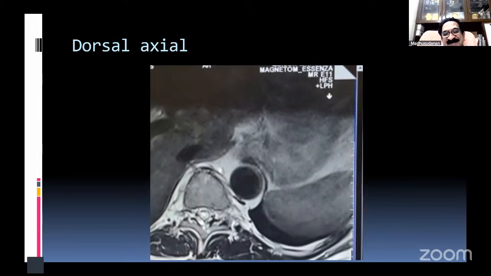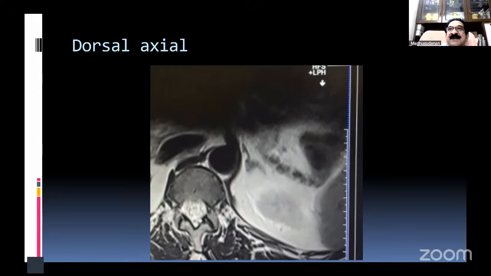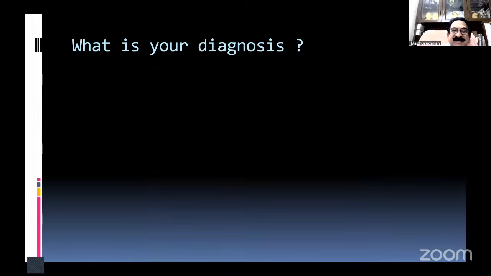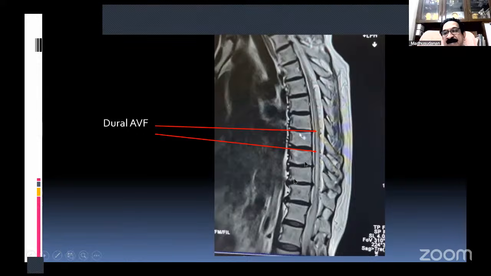Beautiful. That means the patient had a bleed earlier. So it's a dural AV fistula with bleed. This is the dural AVF which you can make out. See that small dark thing, the vessels on the dorsal aspect. Here also you can make out the anterior part of the cord is dark.